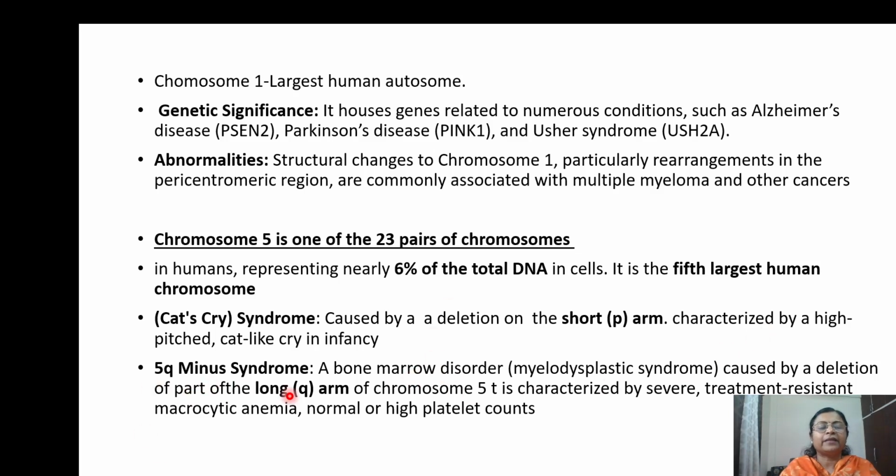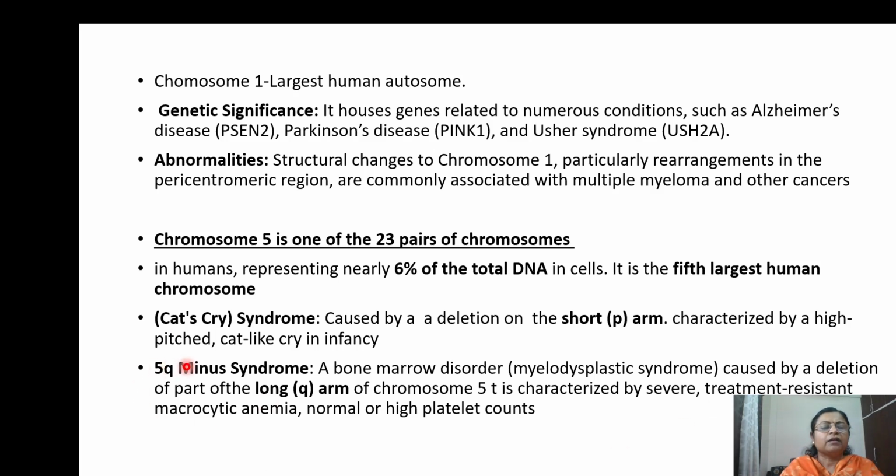Then 5q minus syndrome, a bone marrow disorder caused by deletion of part of the long arm of chromosome 5, is characterized by severe treatment resistance, macrocytic anemia, and normal or high platelet count.